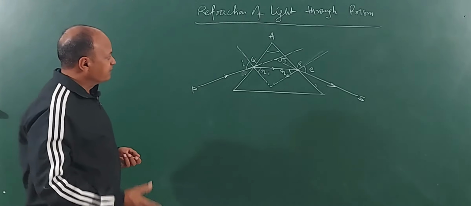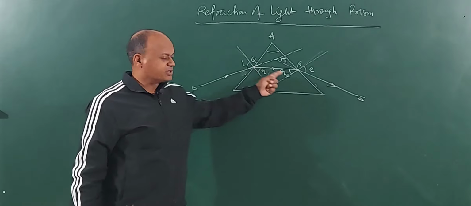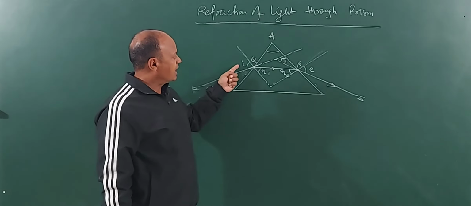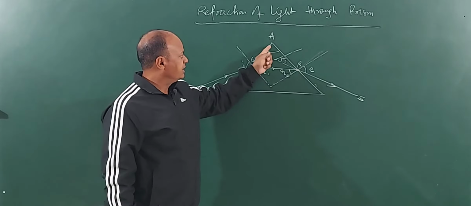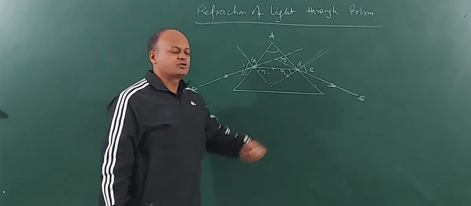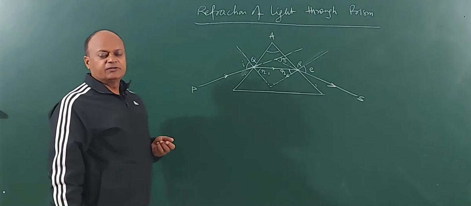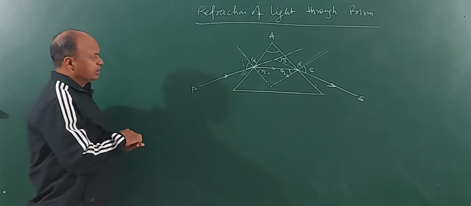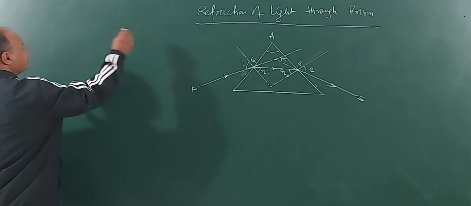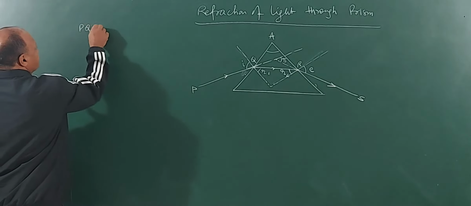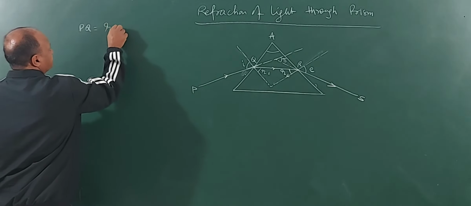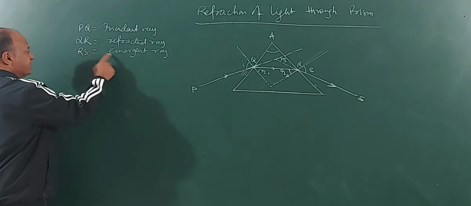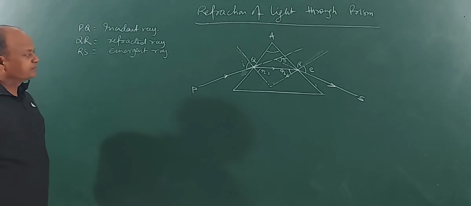When a light ray is refracted through a prism, then these angles I, E, A, delta, R1 and R2 follow a certain set of guidelines. In the given diagram, children, we have PQ as the incident ray, QR as the refracted ray, and RS is the what? Emergent ray.